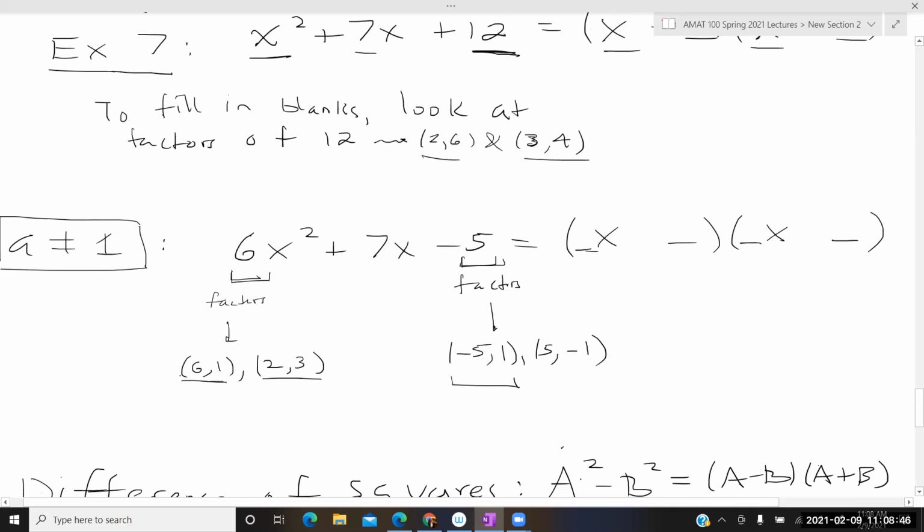So you'll say, okay, I'll start with 6 and 1. If I put 6 here and then 1 here, now I'm going to pair 6 and 1 with -5 and -1. So I'm going to put -5 and then 1. And then you ask yourself, if I multiply these two together, do I get this expression on the left-hand side?